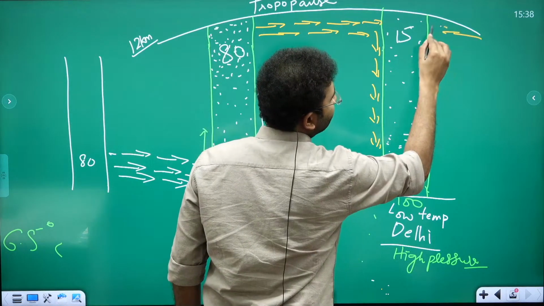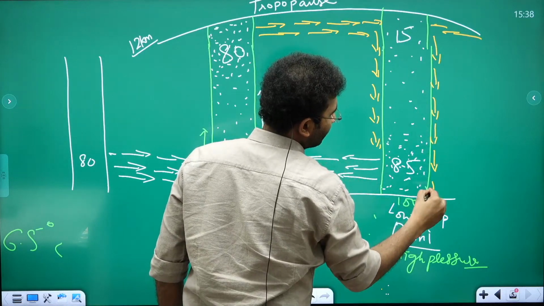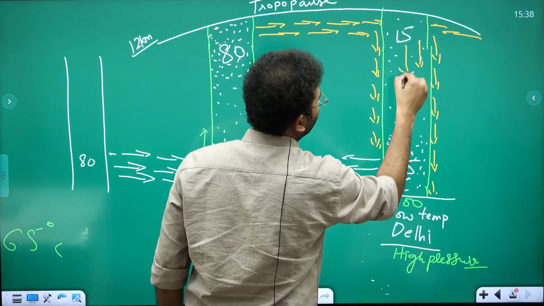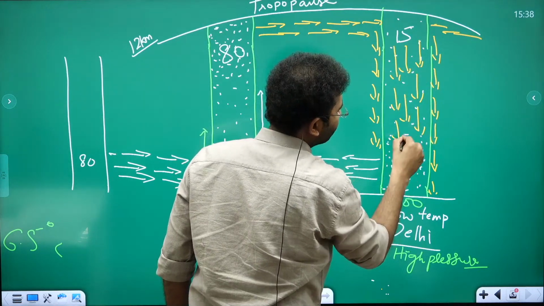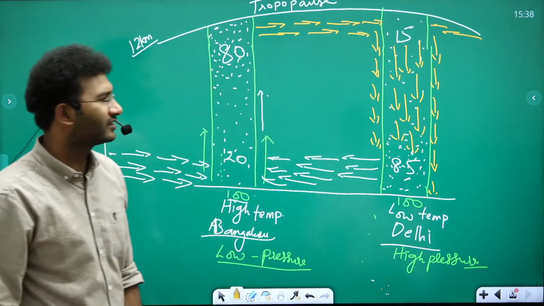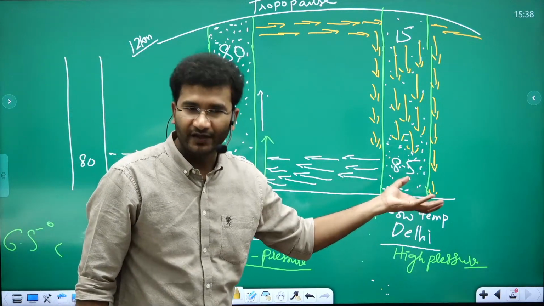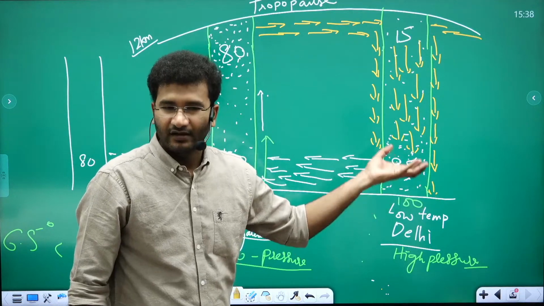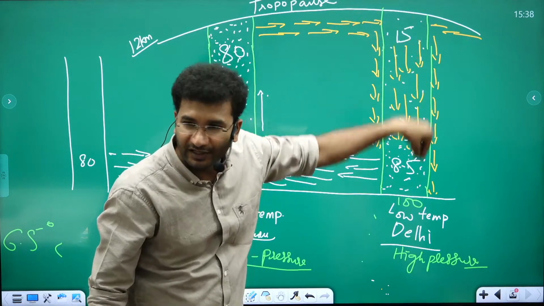Same is the case. All the air molecules are sinking, and there are many air molecules present at the lower end. That's the reason why you will find them to be heavier, right? This high pressure is high because all the air molecules are coming down.